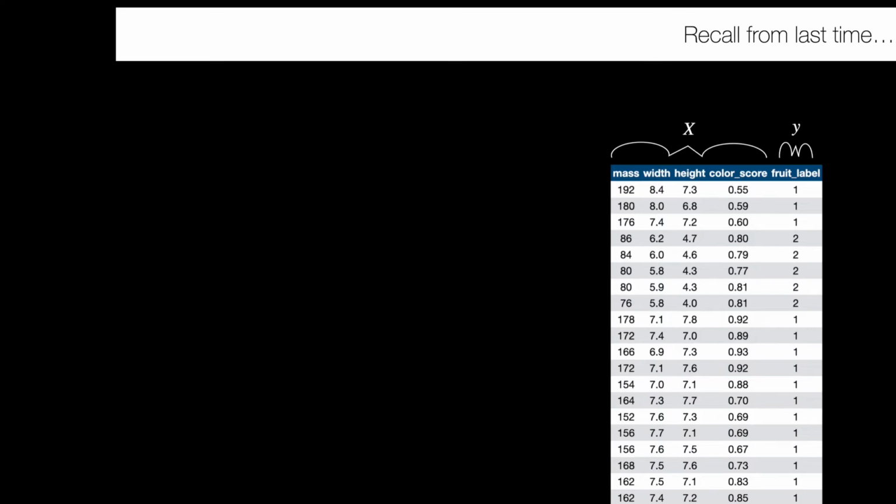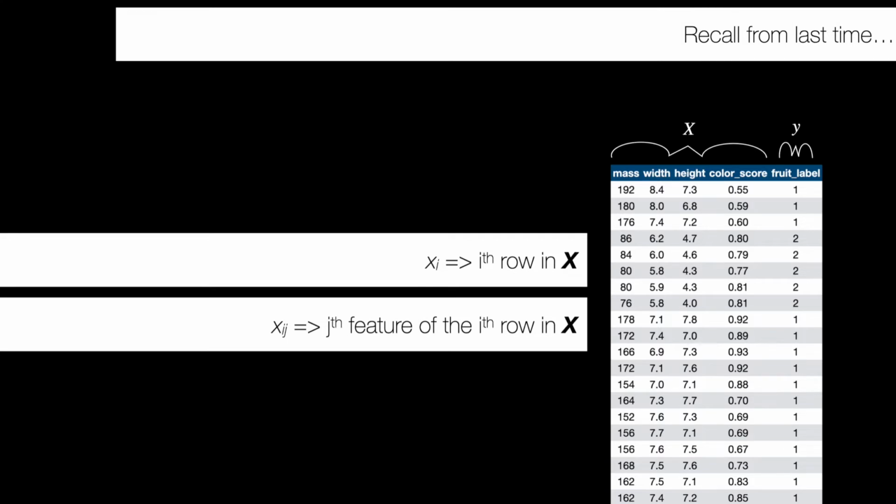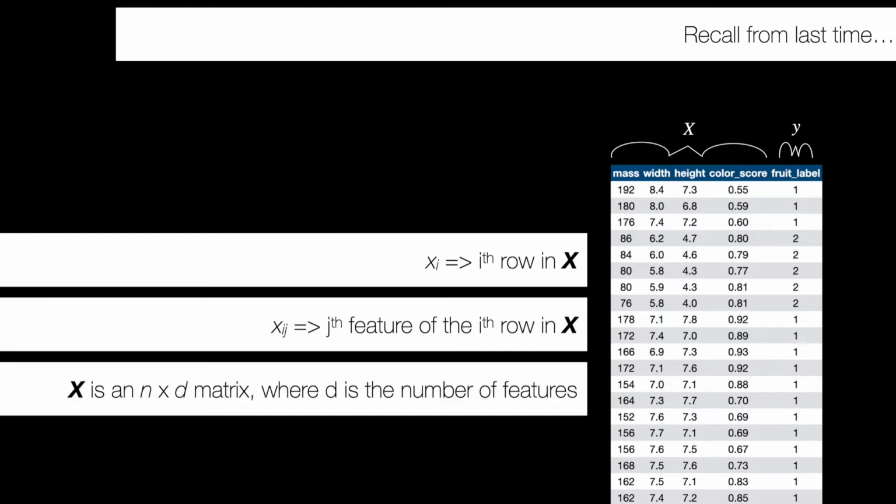And the idea was you could predict something about the kind of fruit based on these features. If we go back to some terminology, we say X sub i here is the ith row in our data matrix X, and X sub ij refers to the jth feature of the ith row in this X. So this j refers to the column in this data matrix.